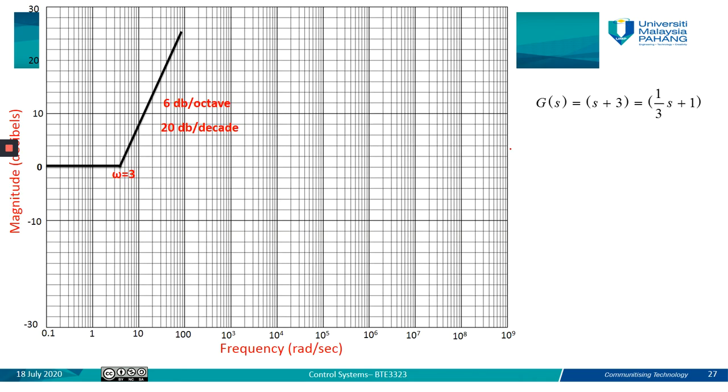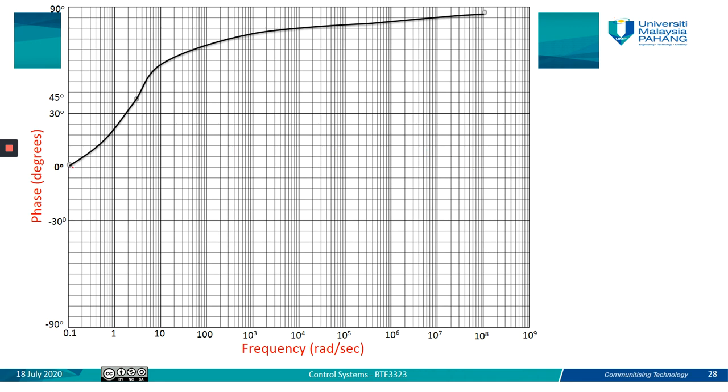So you can see here how we draw the magnitude. At omega equal to omega 1, the slope changes from 0 to 20 dB per decade, or 6 dB per octave. Here our focus is on the zero. Then for the angle, we have two change points, omega 1 over 10 and 10 omega 1.